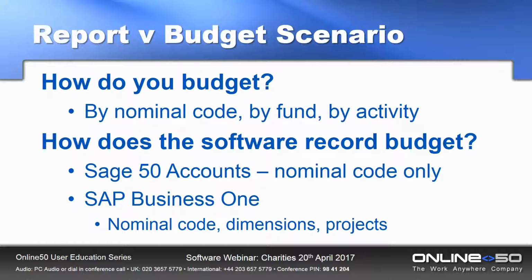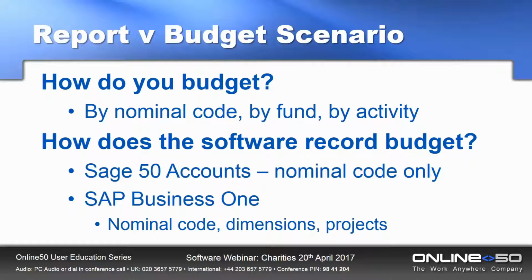It's a bit like the department tag in Sage 50. It's slightly different, but it's quite similar in concept. So that would enable you in Business One, if you're using dimensions as we have been in this example, or projects to do your activity or fund tracking, then you can actually set up budgets against those using Business One.